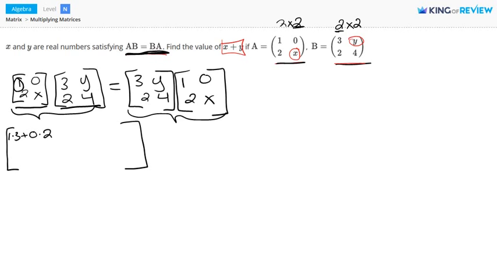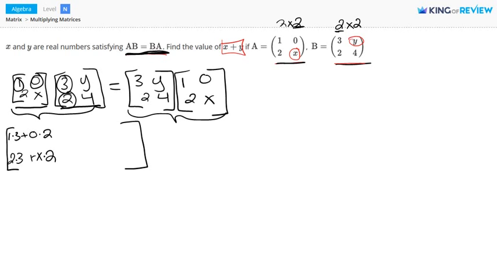That's the first entry. The next entry follows in the same fashion: 2 times 3 plus x times 2.